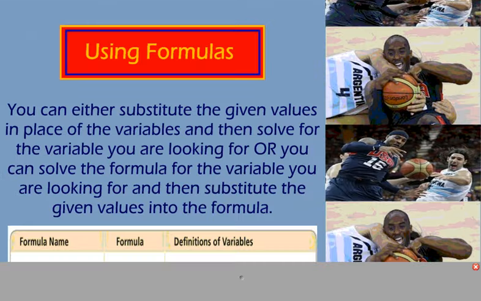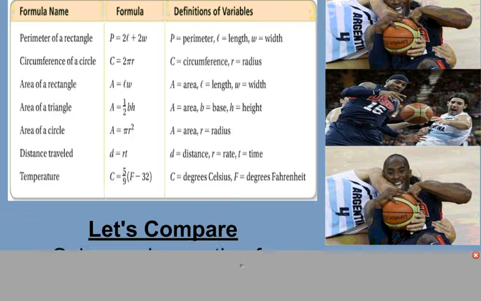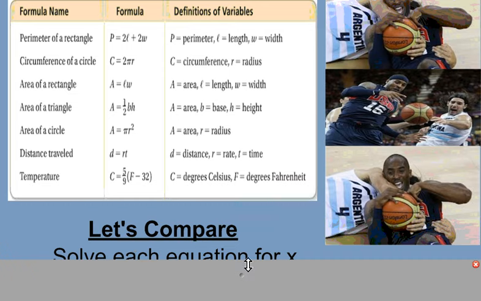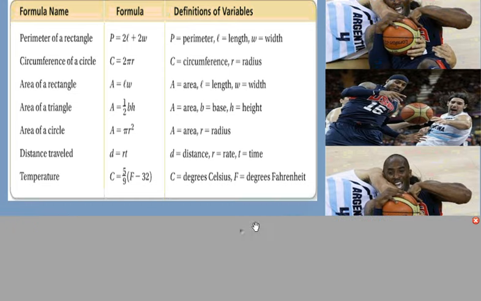Using formulas, I have a list of formulas here for you, and it's up to you if you want to have these written down. We will use some of these from time to time. You should know, hopefully, the perimeter, the two lengths plus the two widths. Circumference of a circle is 2 pi r.